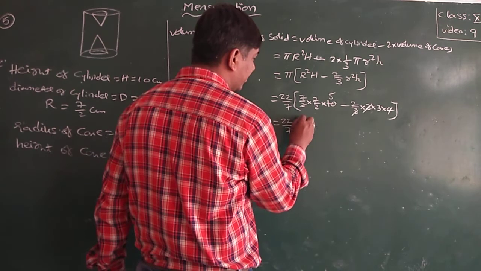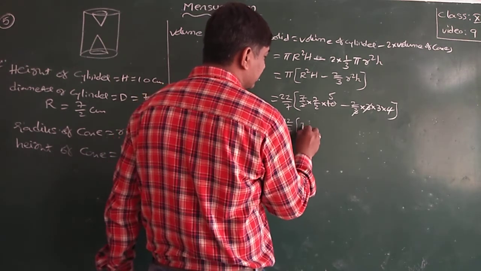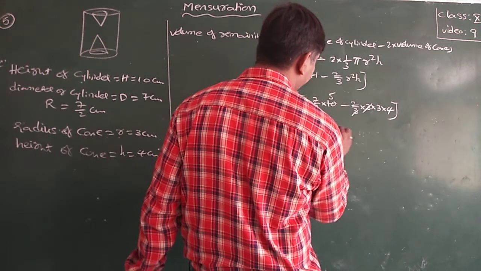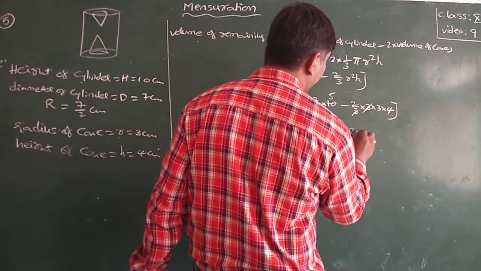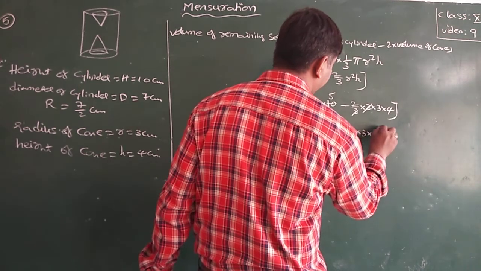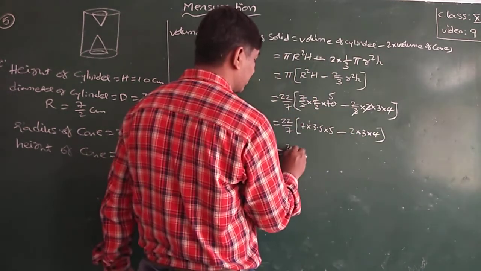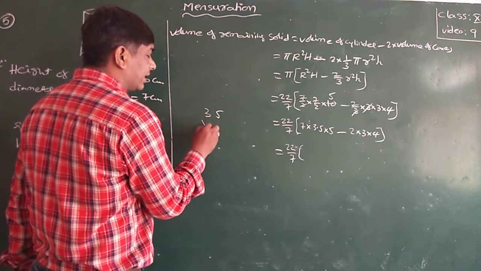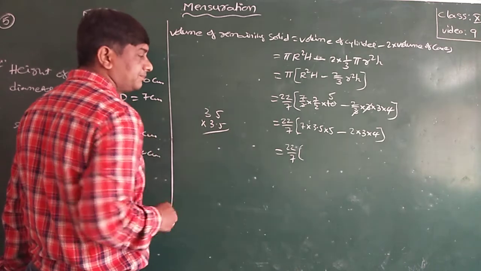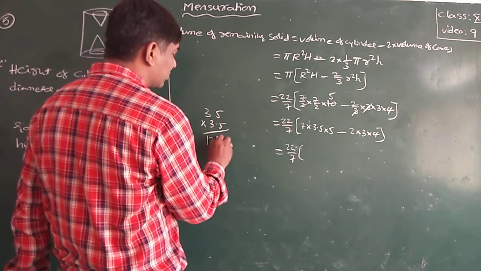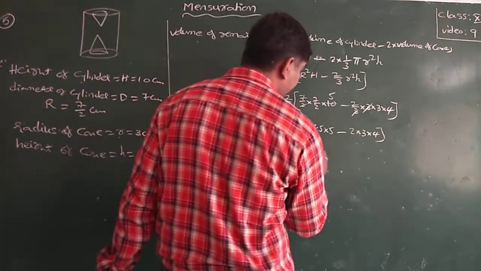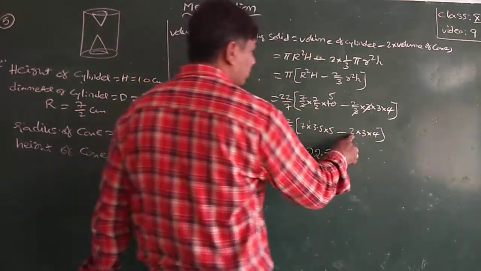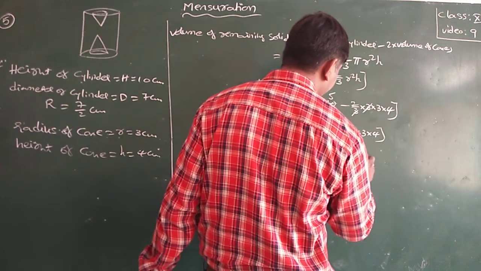22 by 7 into 3.5 into 5 minus 2 into 3 into 4. That is equal to 22 by 7 into 35 into 3.5, which is 122.5, minus 2 threes are 6, 6 fours are 24.